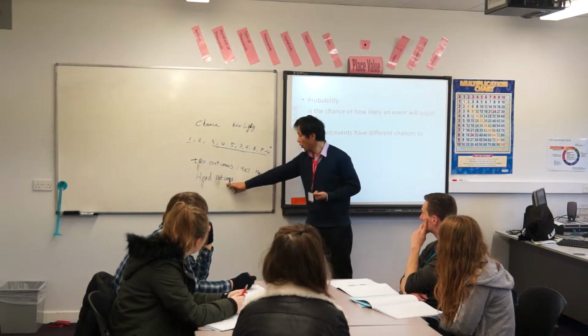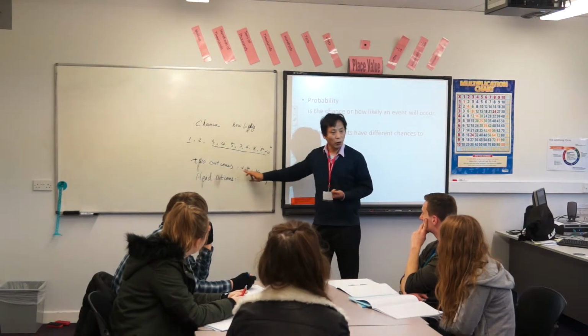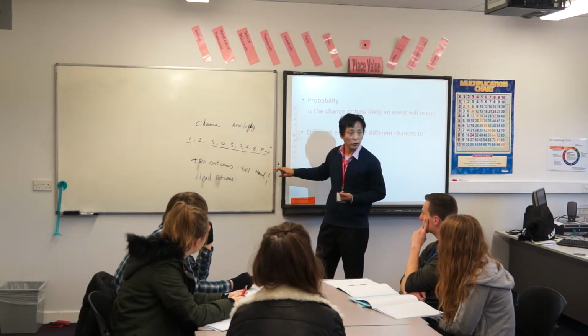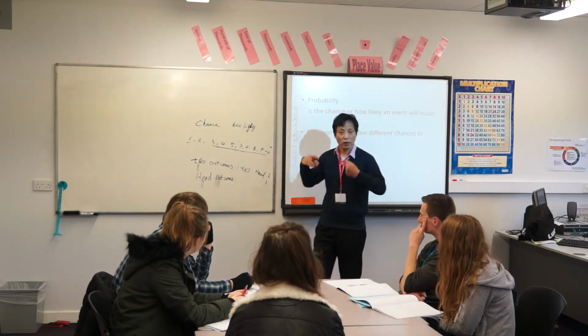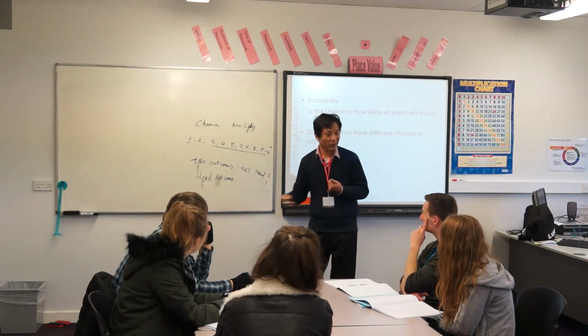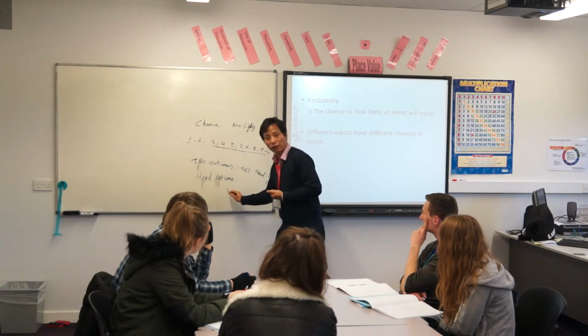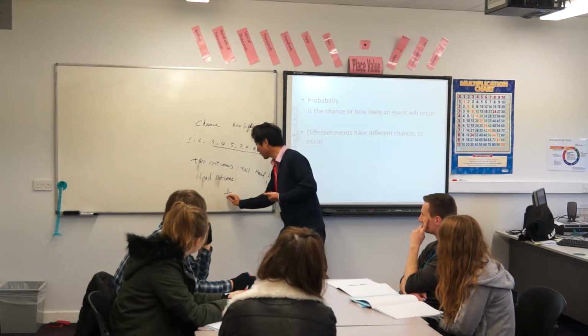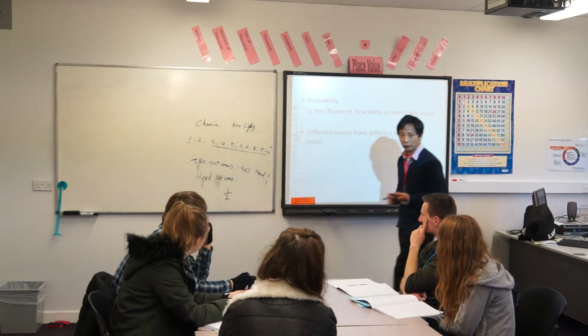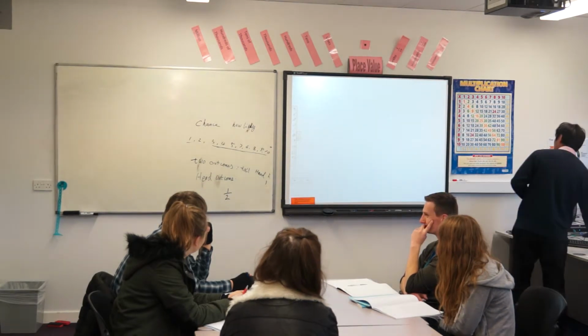So that is one head out of the two outcomes. So how can we write this chance? That's one out of two. So we write it 1 out of 2.